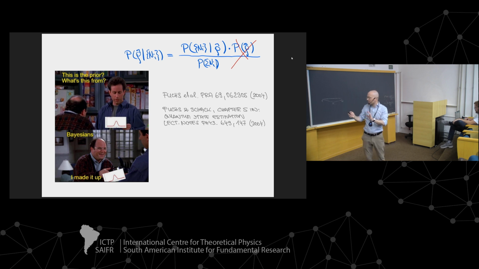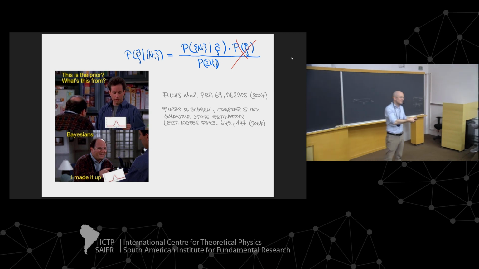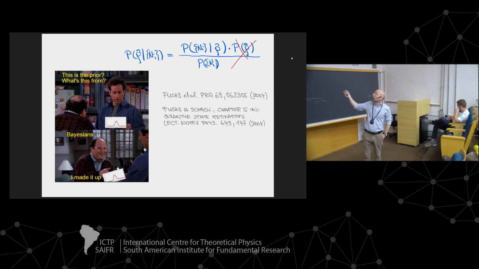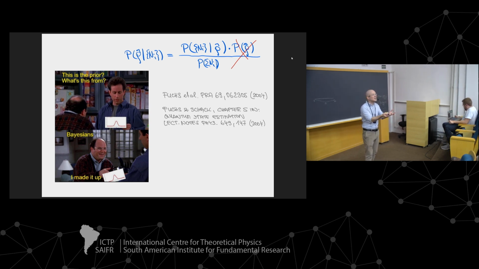I am a little sorry for this joke, but this is the general discussion between frequentist and Bayesian mathematicians in statistics. Everything is centered around the prior probability, because how can we choose the prior?